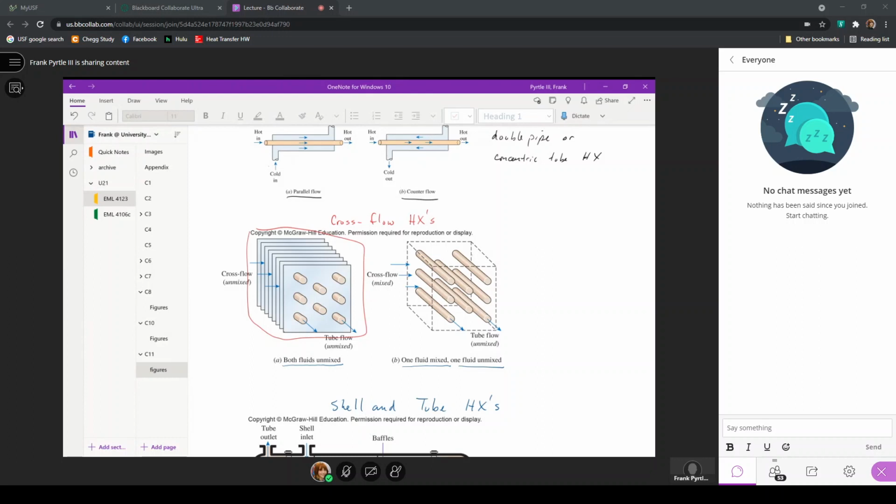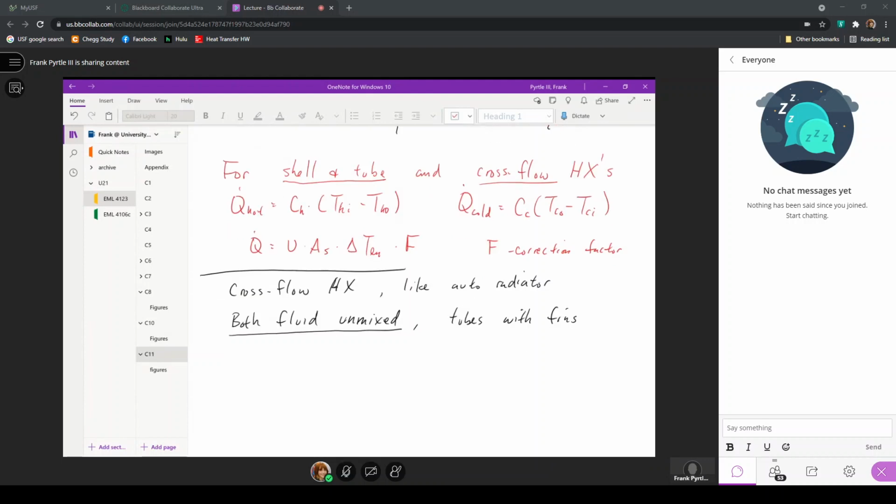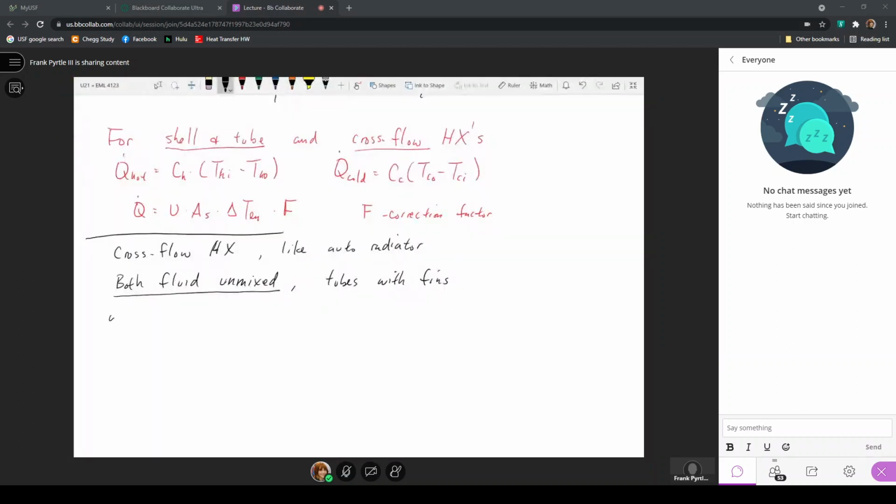So here we're considering a problem that looks like this. This is why I said it looks like, or it would be like, an automobile radiator. In this problem, we're going to consider that the two fluids moving through the heat exchanger are water and oil.